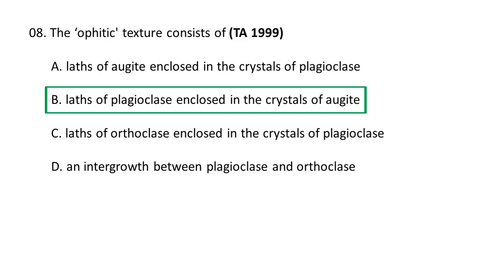Ophitic texture is a rock texture that features plagioclase crystals in the shapes of laths which are surrounded by larger anhedral pyroxene crystals, and the plagioclase crystals are often grouped radially or in an irregular mesh. Ophitic texture is a variant of the poikilitic texture. So B is the correct option. Ophitic texture consists of laths of plagioclase which are enclosed in the crystals of augite.